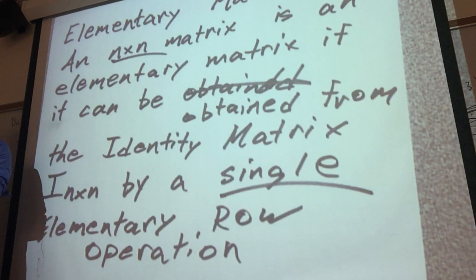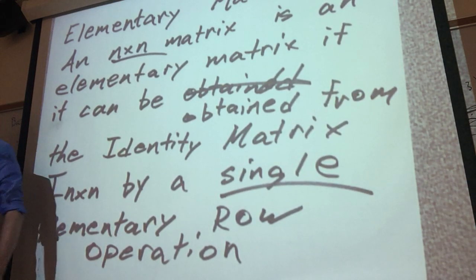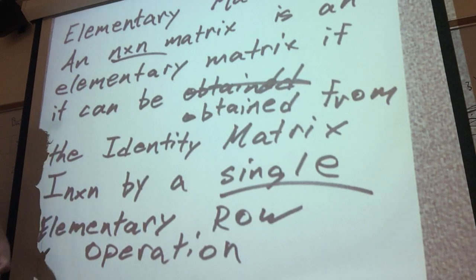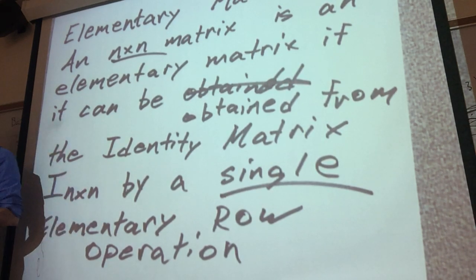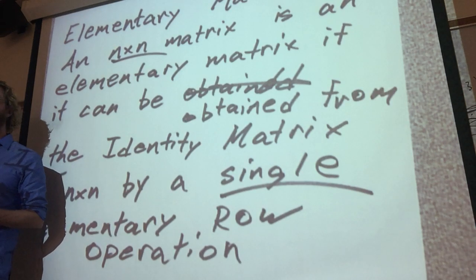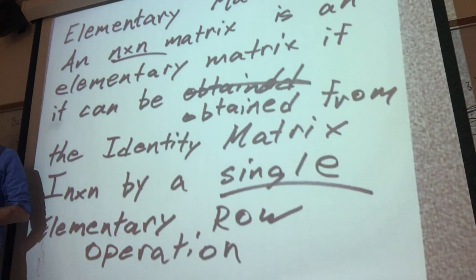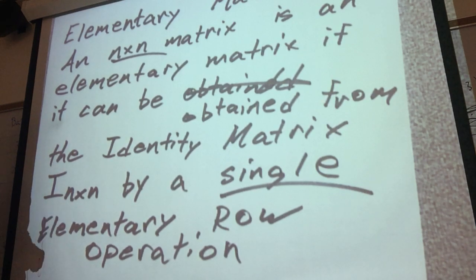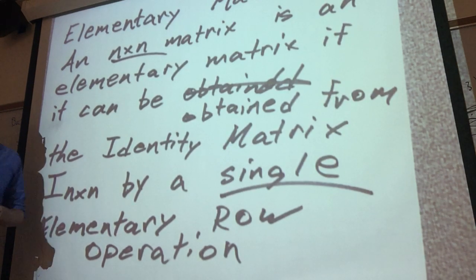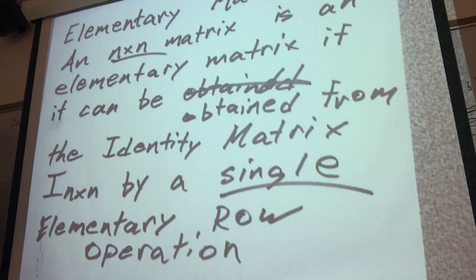So what are the elementary matrices that we've already seen? Well, that would be the elimination matrices, the elimination matrices that we were using for Gaussian elimination. Okay. So let's look at these three different types of row operations and what an elementary matrix actually does.